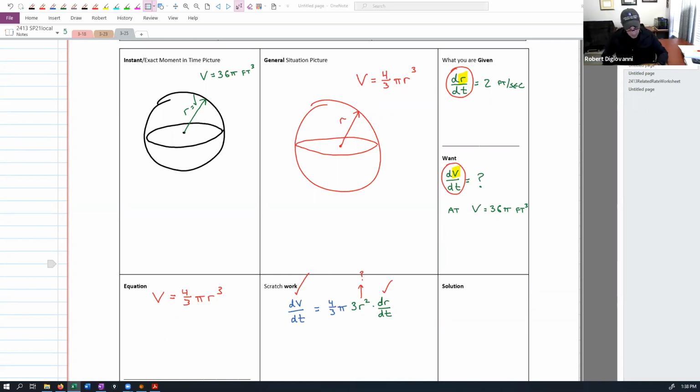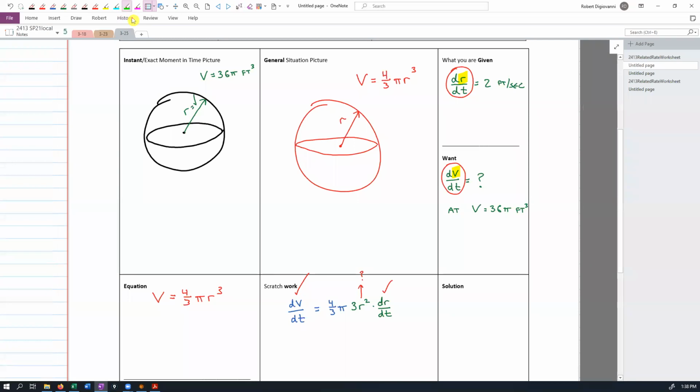So Braxton, are you here? I'm here. Okay. Any idea of how we can figure out the radius? We can use V equals 4/3 pi r cubed.